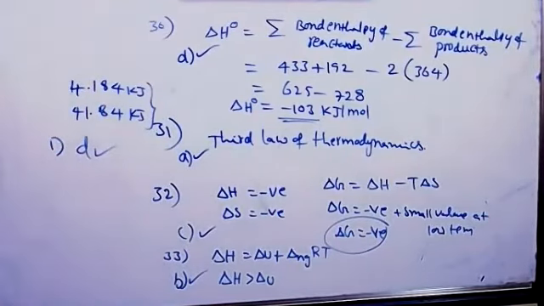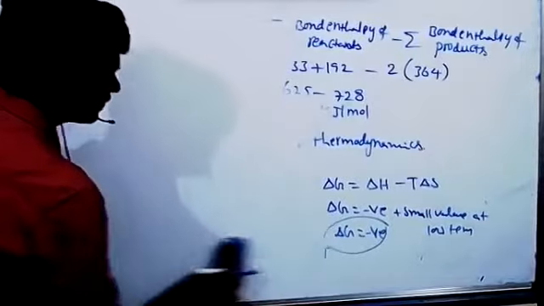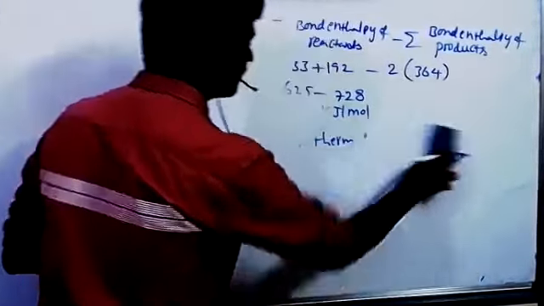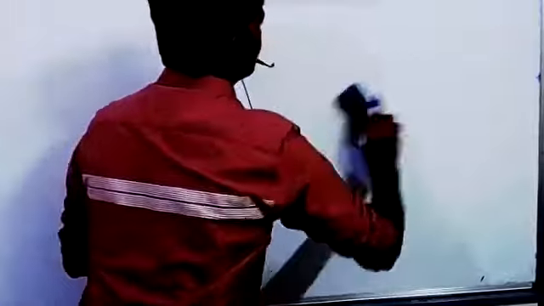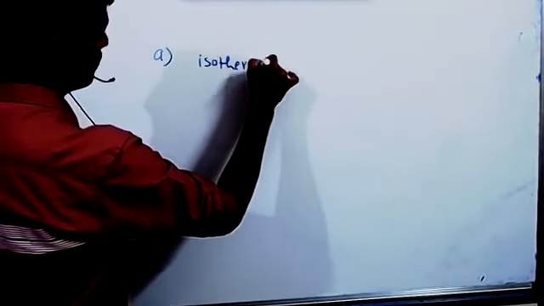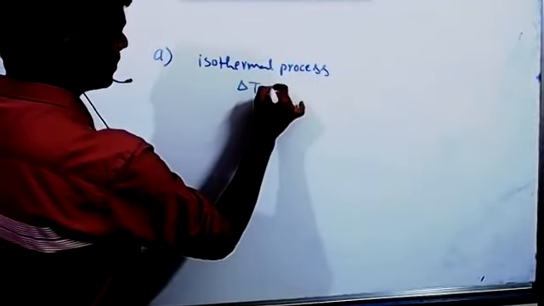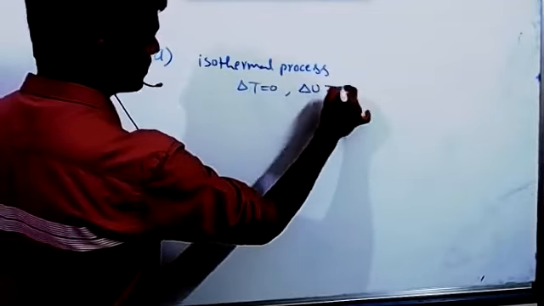Second, which one of the following equations does not correctly represent the first law of thermodynamics for the given process? This kind of question we already solved. A is the isothermal process. In an isothermal process, delta T is equal to 0, so delta U also becomes 0.